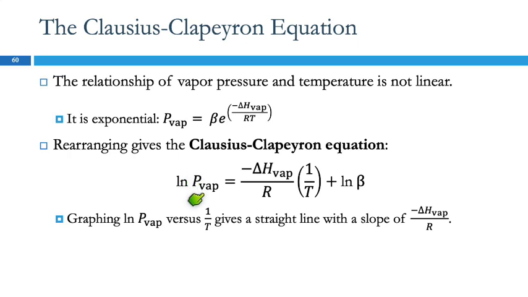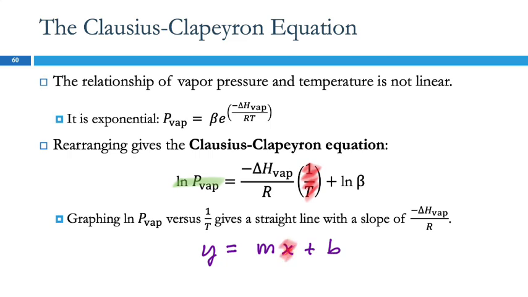The natural log of the vapor pressure is equal to negative heat of vaporization over R, the gas constant, times 1 over the temperature plus the natural log of a constant. So this is useful because if we graph natural log of the vapor pressure versus 1 over temperature, the equation for a line is y equals mx plus b.